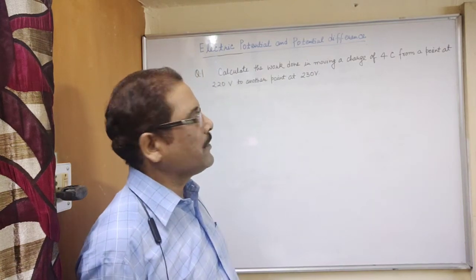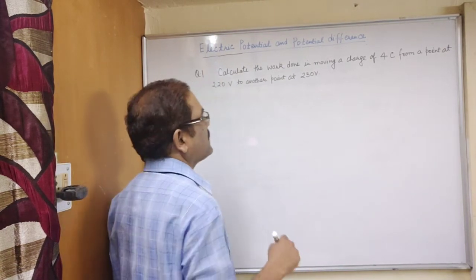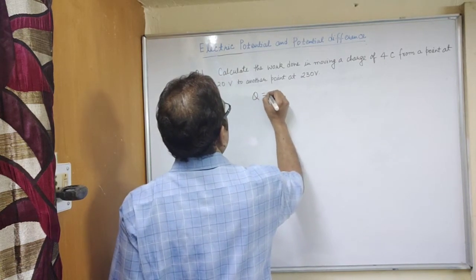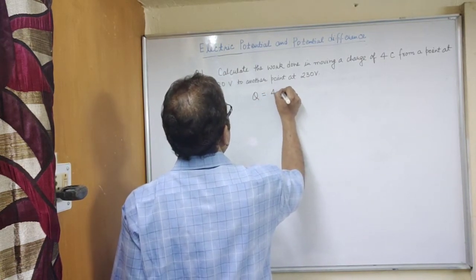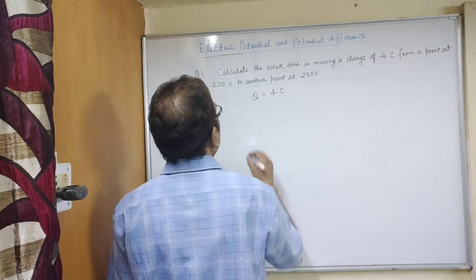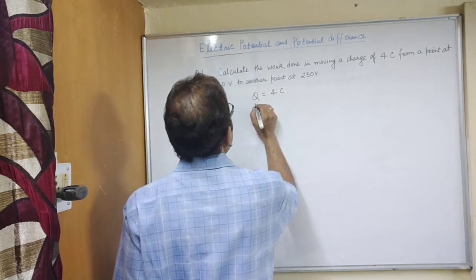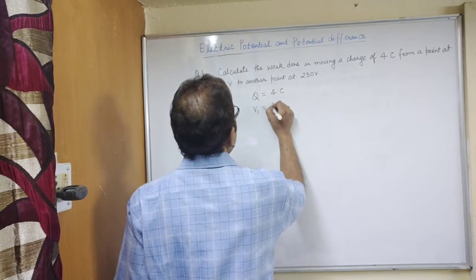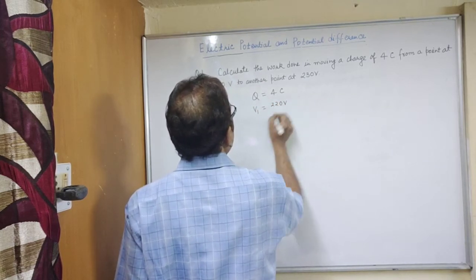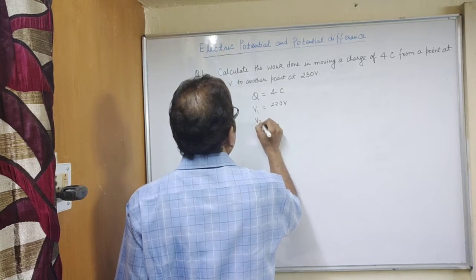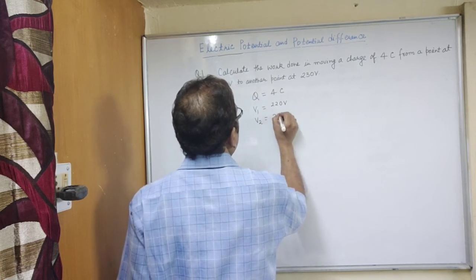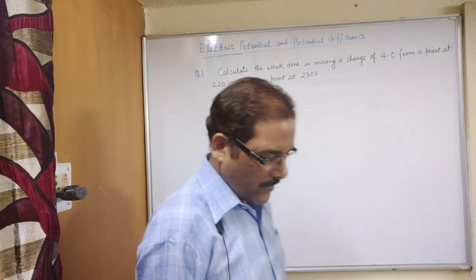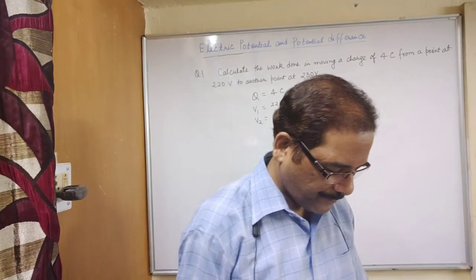So in this question, first write down the given things. Charge is given and the symbol for charge is Q. So Q is 4 coulomb and potential V1 is 220 volt and the potential of another point V2 is 230 volt, isn't it?